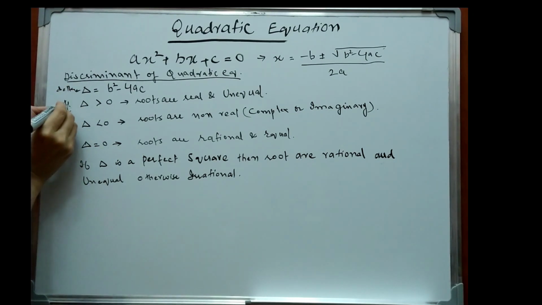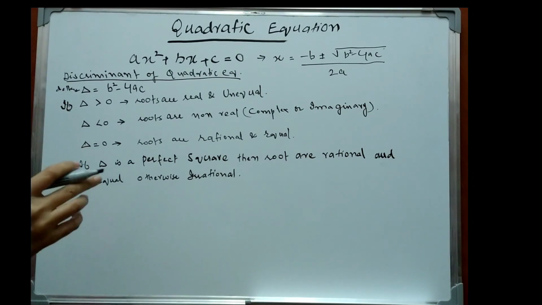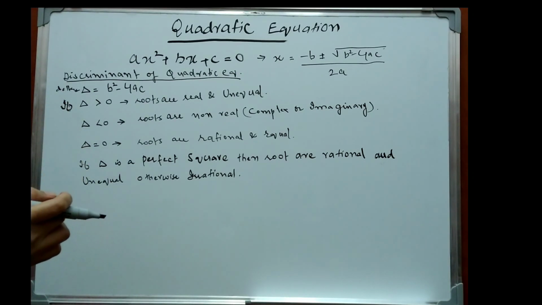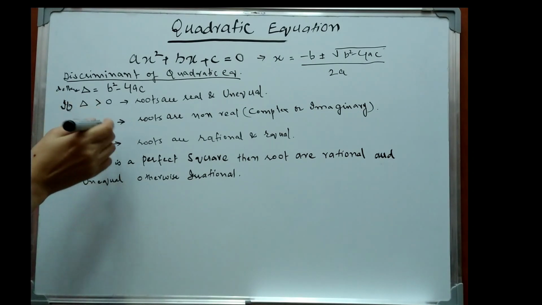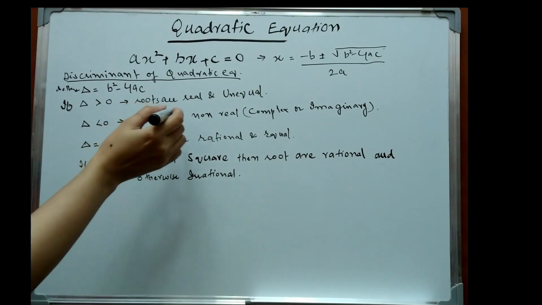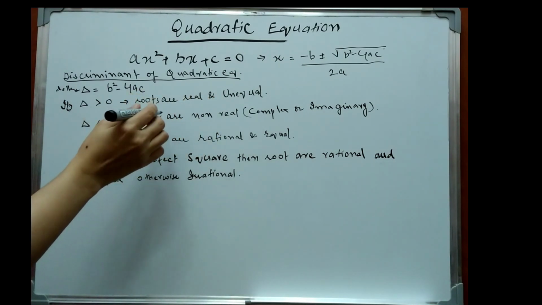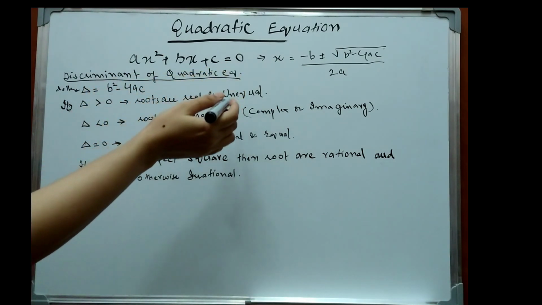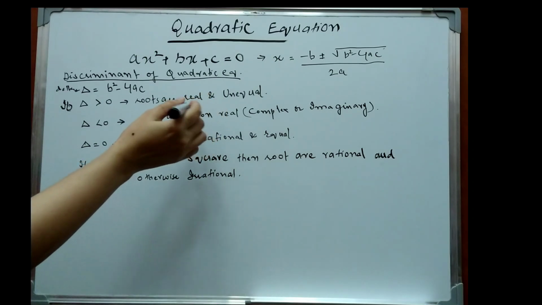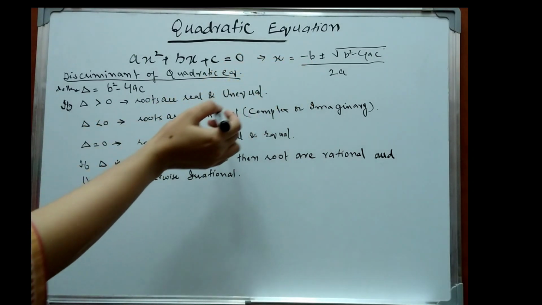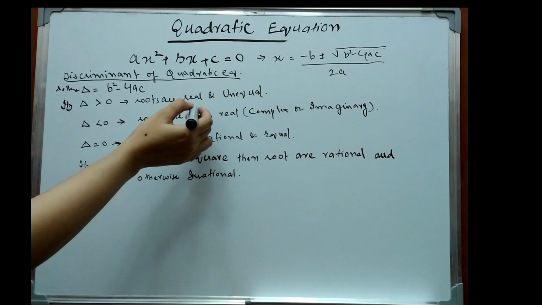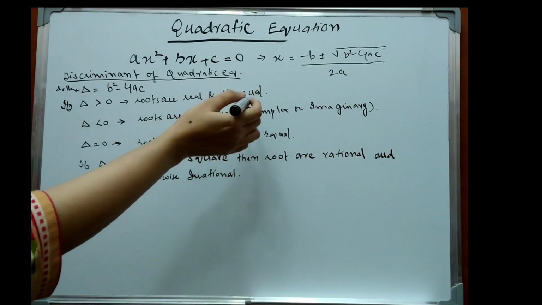And here are some conditions of delta which determine the nature of the roots of the quadratic equation. If delta is greater than 0, then roots are real and unequal, meaning the values of x are real and the roots are unequal.